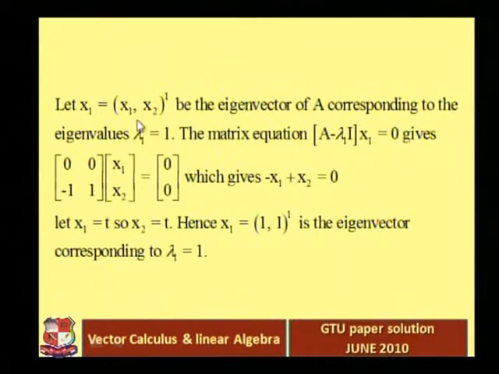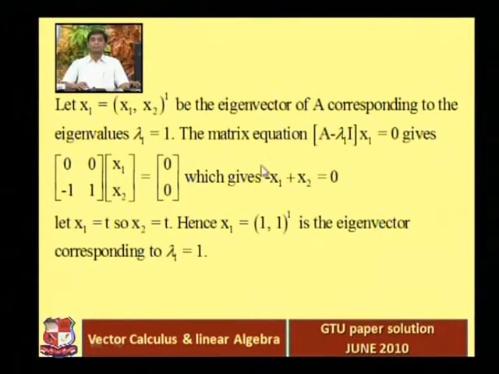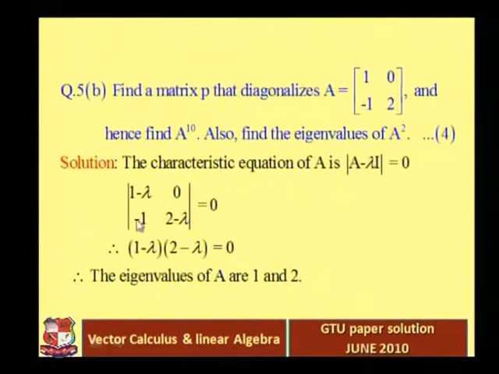Let x1 = [x1 x2] transpose be the eigenvector of A corresponding to the eigenvalue lambda 1 equal to 1. The matrix equation (A minus lambda 1 I) x1 = 0 gives, in this matrix, we just put the value lambda equal to 1 in this form.